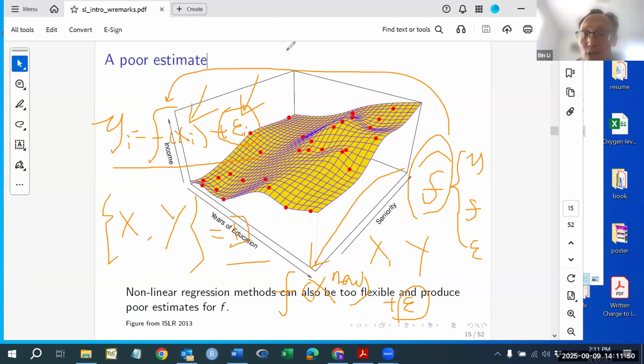A good model is not estimating y, but estimating the f. That's right, it's estimating the f. Okay, that is very important. You need to make sure you understand that, not just memorize it, but really understand it.